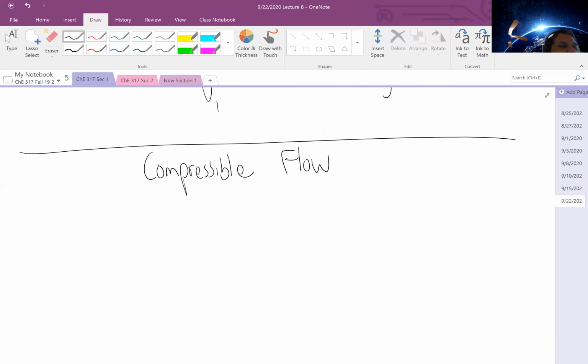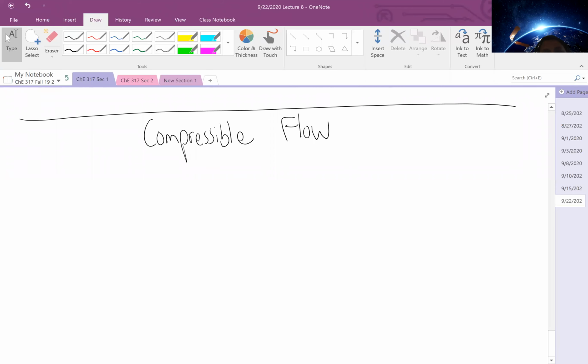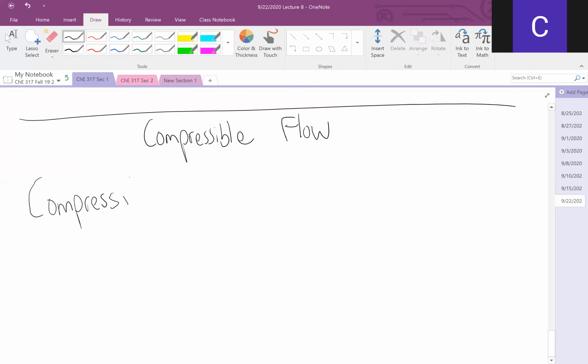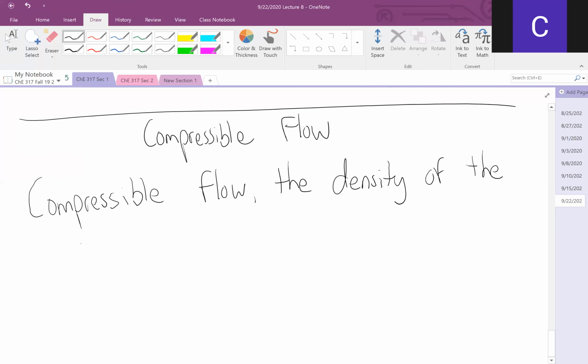All right, so the key discrepancy that we have to consider when it comes to compressible versus incompressible flow is that in compressible flow, the density of the fluid is a function of both temperature and pressure.